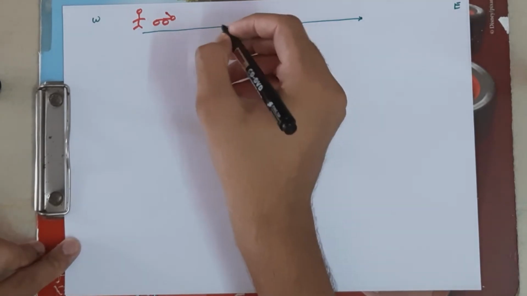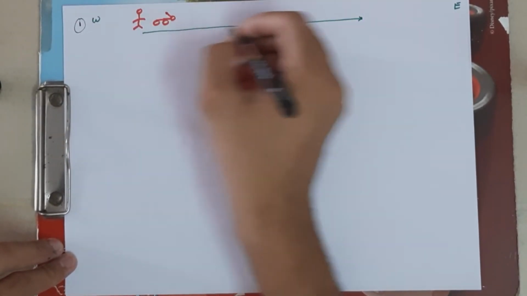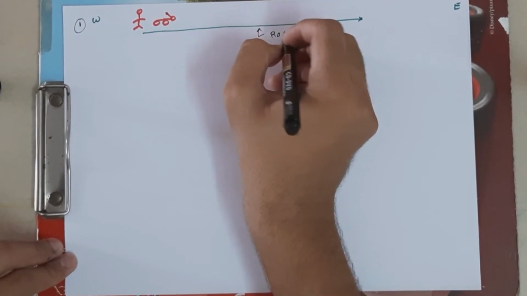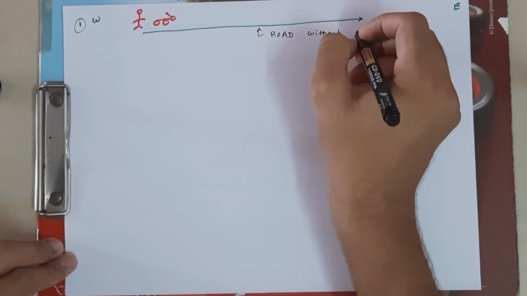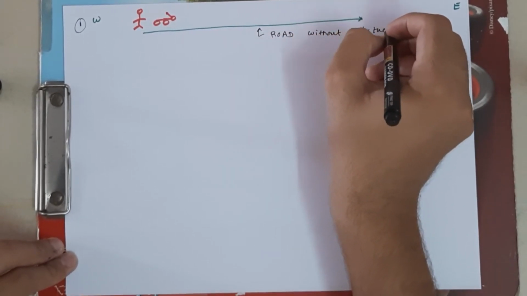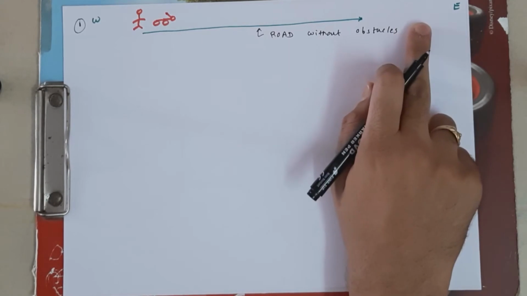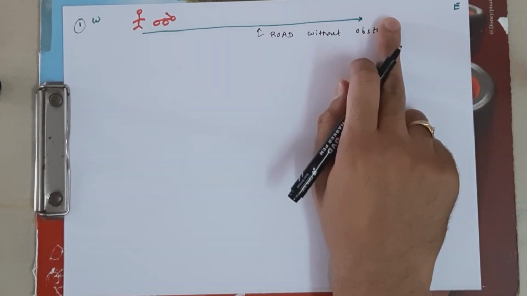Without any obstacle. So the first condition, I have to write down, is the road: a straight road, a road without obstacles. The road is straight, there is no traffic on the road, there is no bump on the road.